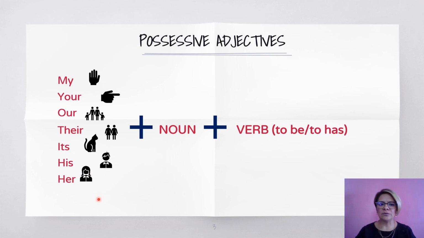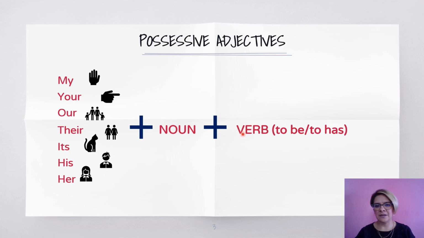Every time that I use these words, I am going to need a noun. That's why I say my house, your car, our school, their mother, its house, his brother, her sister.